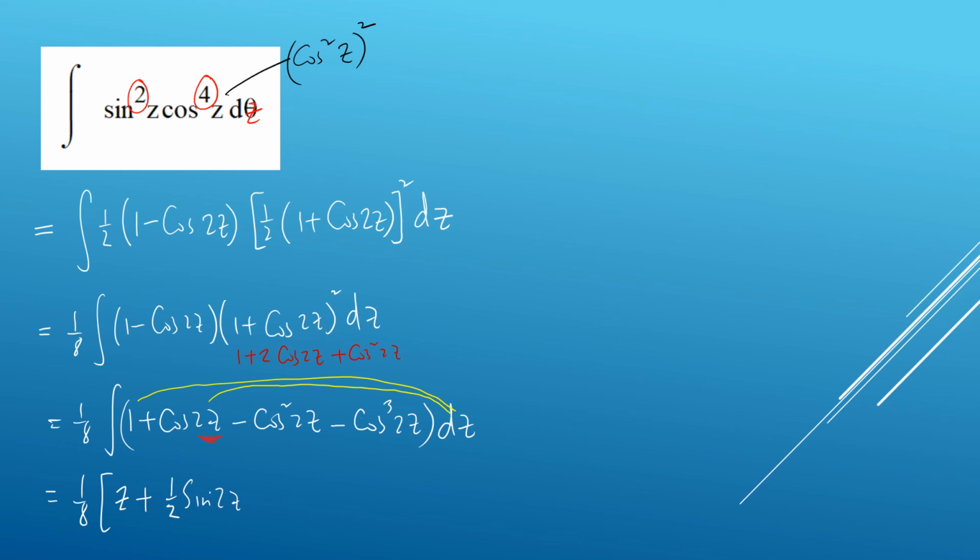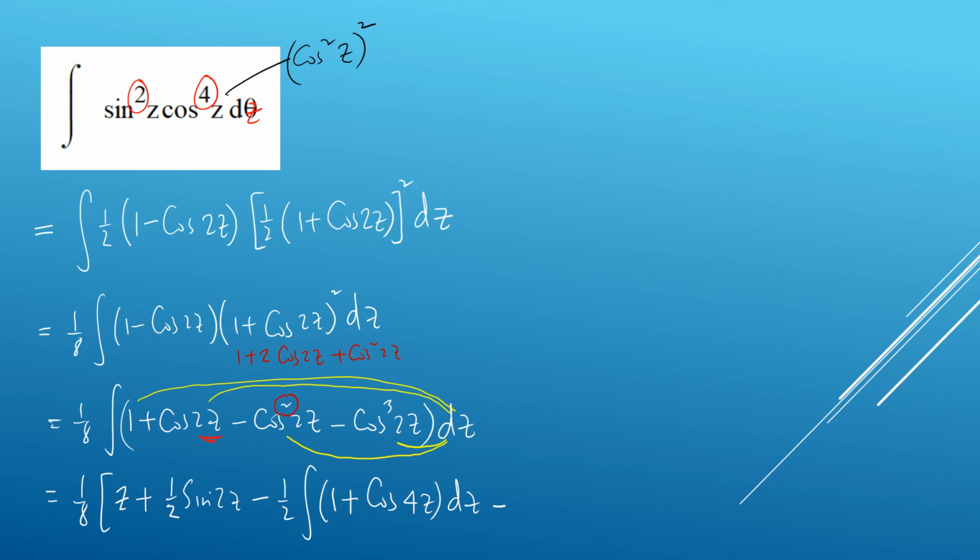How about cosine squared? For cosine squared, it falls under case 2, so we cannot integrate it yet. Now we apply the identity for cosine squared, which is 1/2 integral of 1 plus cosine of twice the angle 2z, it becomes 4z dz. That is for cosine squared. Then minus the integral of cosine cube.